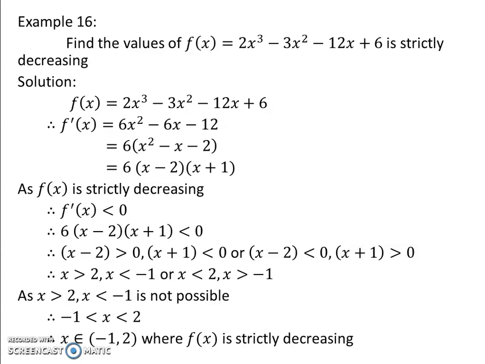Therefore x belongs to the open interval minus 1 to 2, where f of x is strictly decreasing. If there is no common value of x which satisfies both conditions, it is not possible. And here it can be rewritten as minus 1 less than x and x less than 2. Therefore combining this we get minus 1 less than x less than 2.